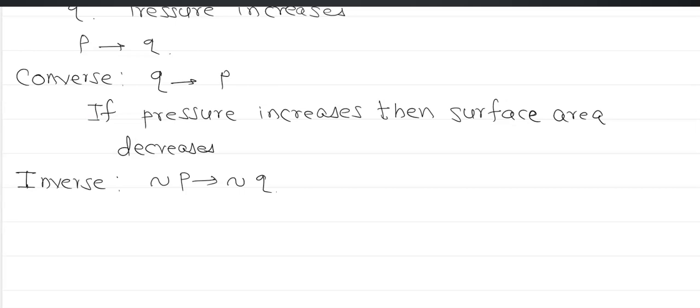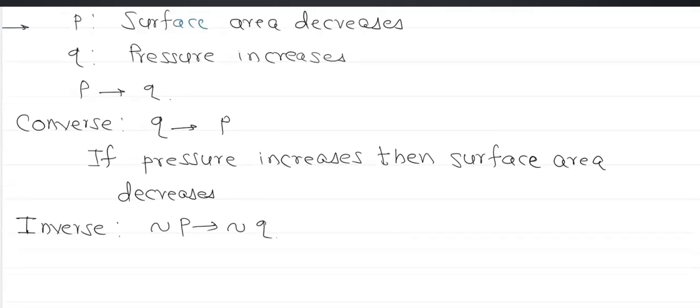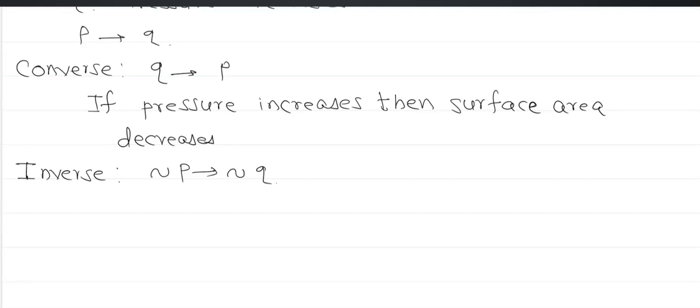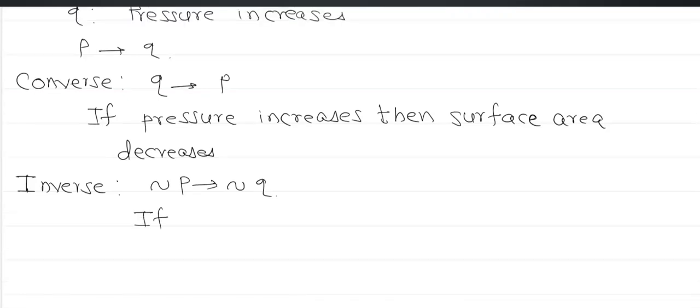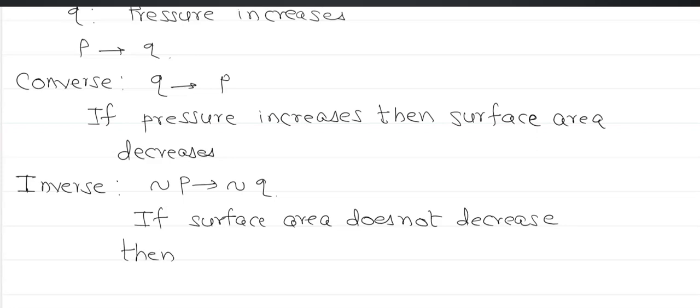Now the inverse, that is the negation of the given statement: negation of P implies negation of Q. If surface area does not decrease, then pressure does not increase.